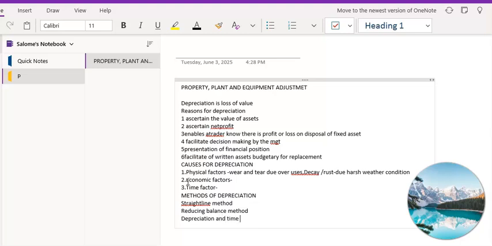And under depreciation and time factor, we'll have full-time depreciation.